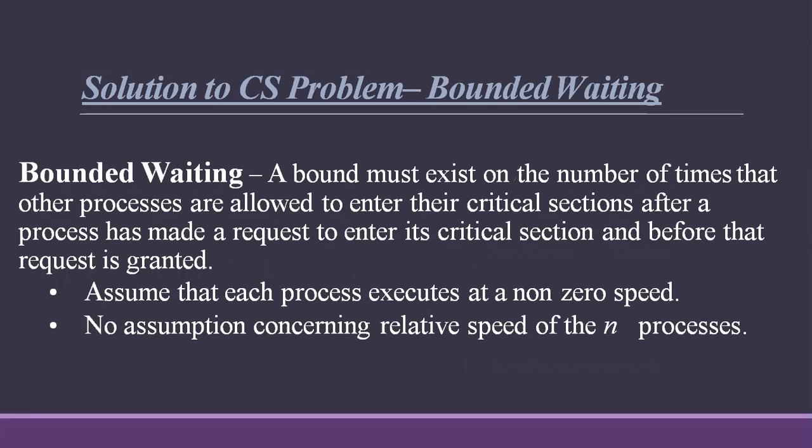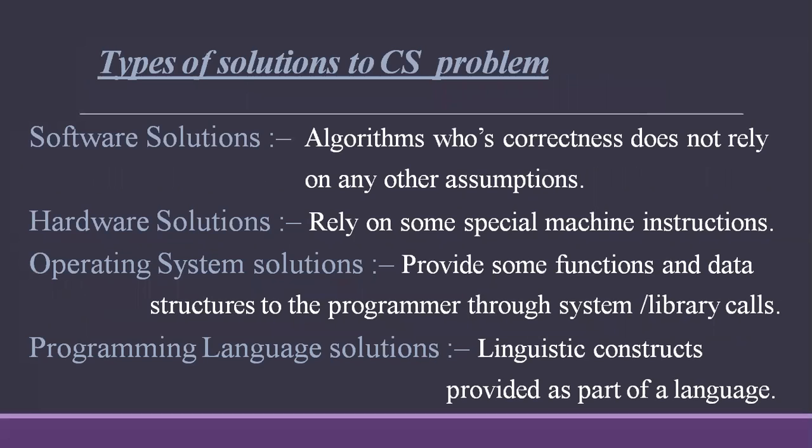And in bounded waiting, a bound must exist on the number of times that other processes are allowed to enter their critical sections after a process has made a request to enter its critical section and before that request is granted. Assume that each process executes at a non-zero speed, so no assumption can be made about the speed of the CPU of the n processes executing in the system.